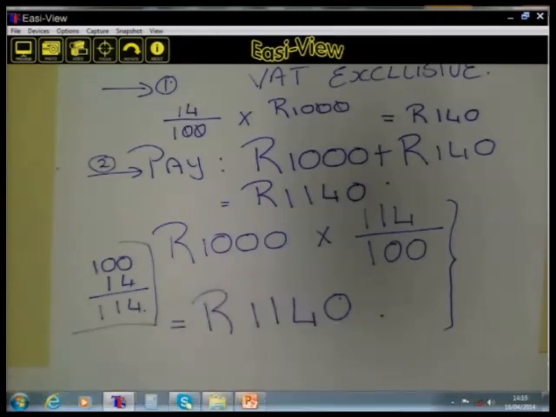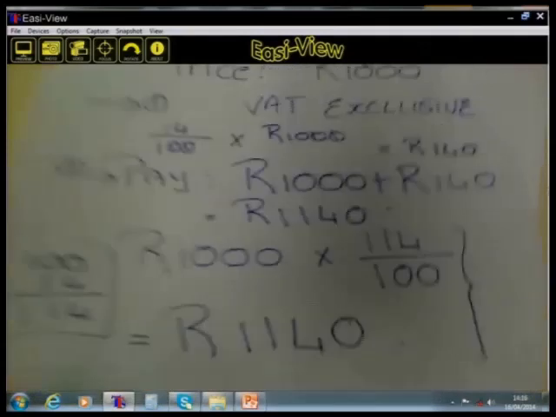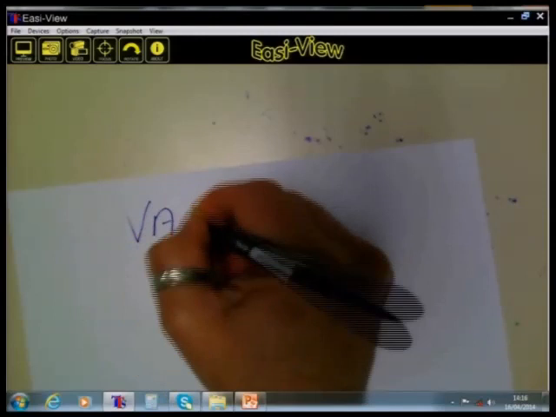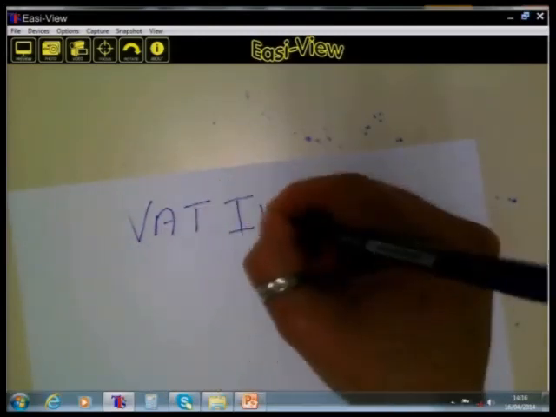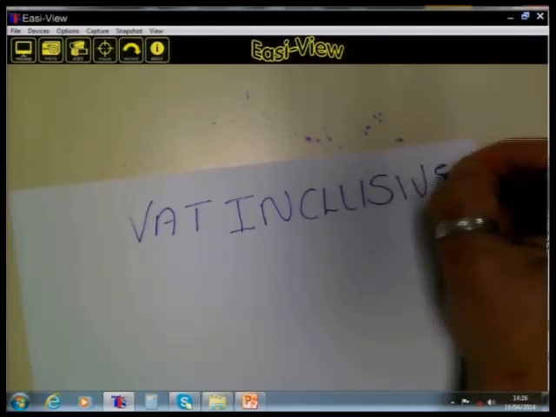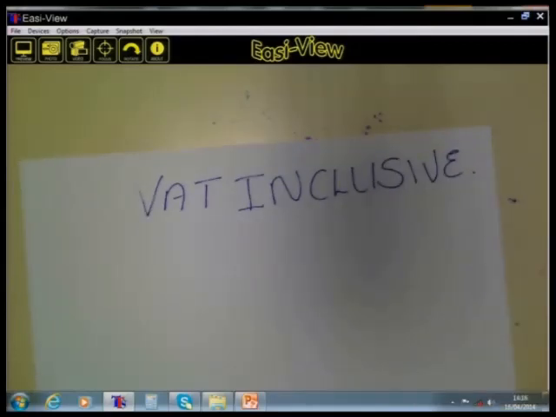Now, if we are going to do the reverse calculation, in other words, let me do this again. But now I'm going to make it that the VAT is included. So, let's look at VAT inclusive. The same calculation, but VAT inclusive.